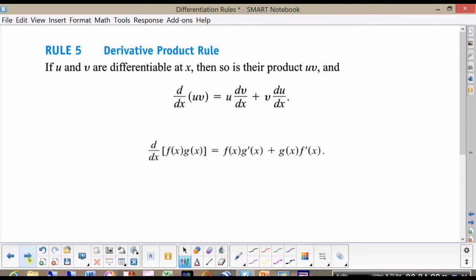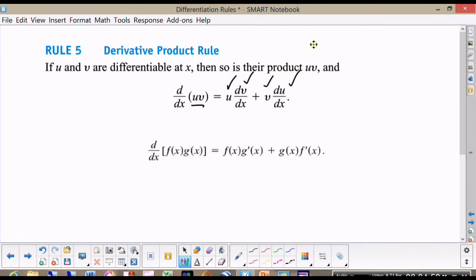Now, another very important rule is going to be the product rule. It simply says that if you want to take the derivative of a product, u times v, there is a rule that says you take the first and multiply it times the derivative of the second, and then the second and multiply it times the derivative of the first.